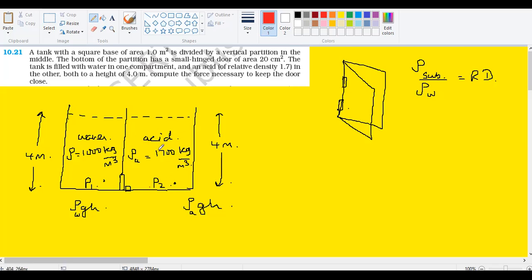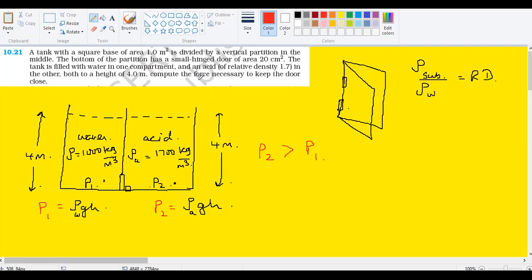Suppose I fill this with oil instead of acid, which has a lower relative density, something like 0.8, then it will be 800 kg per meter cube, which means this side pressure will be higher and this side pressure will be lower. Right now, this is higher density, which means the pressure here is higher. So this is your P2, this is your P1.